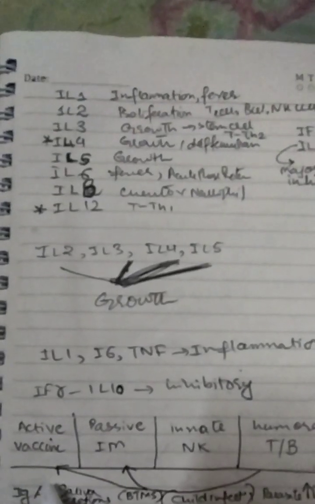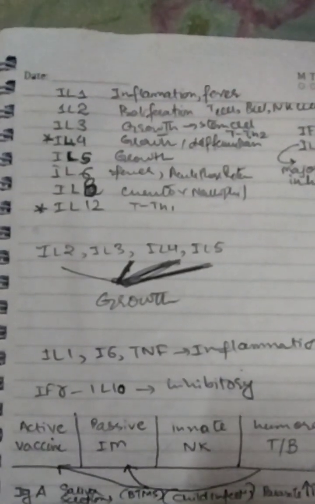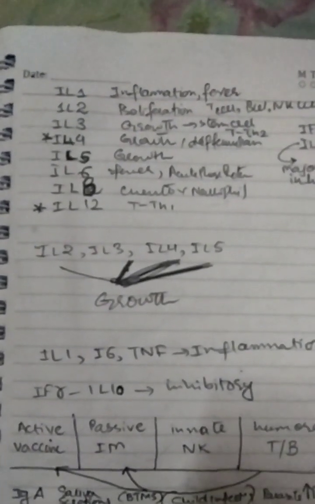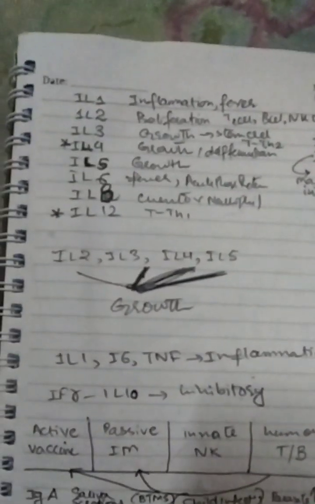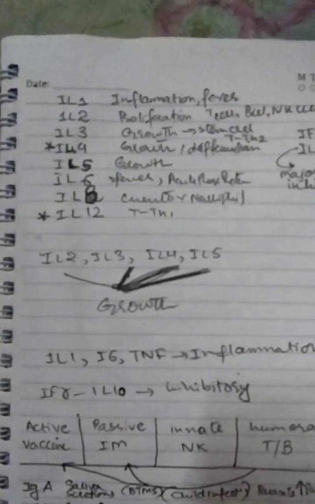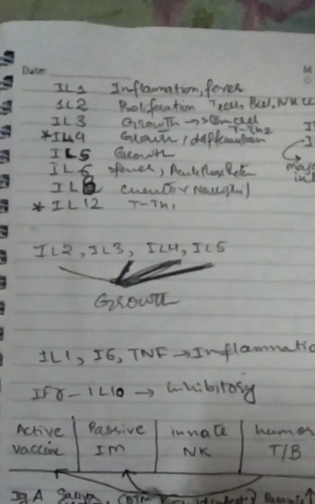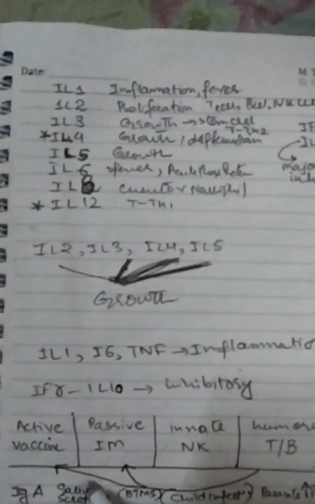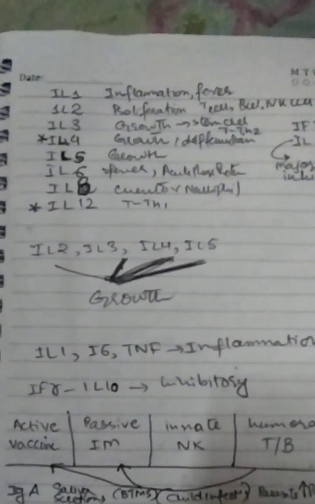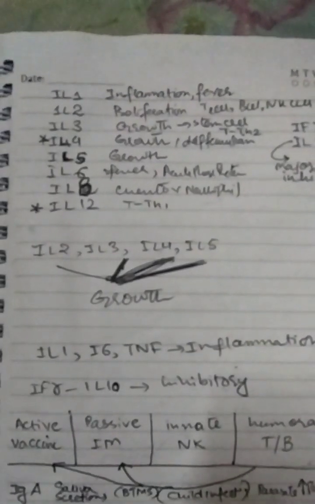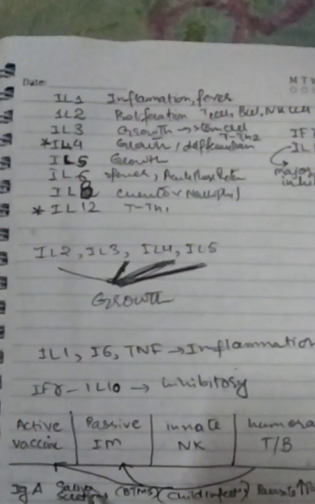So what are the immunoglobulins? There are 5 types of immunoglobulins: IgA, IgM, IgG, IgE, and IgD. Okay, IgD is present on the B cell surface. I already told you. The IgA is present in saliva, secretions like breast milk secretions. They are also present in mucus.